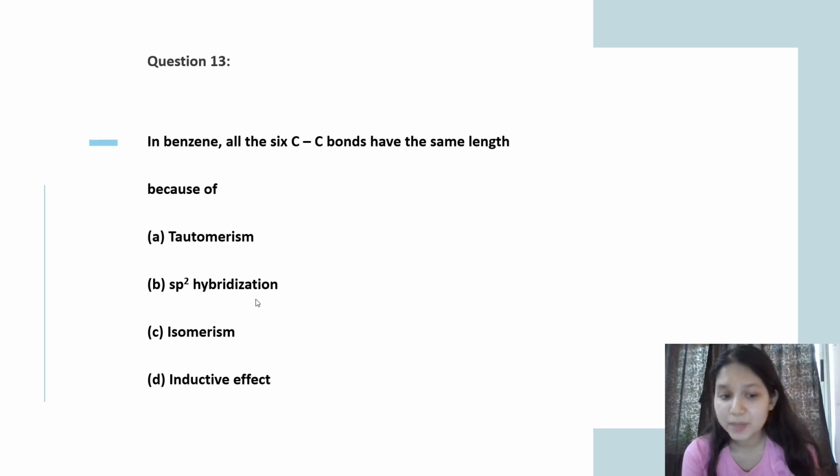Is it isomerism, or is it inductive effect in the atoms of benzene molecule? Which theory will dictate the same bond length in all 6 carbon-carbon bonds? What will be the answer? Anyone?